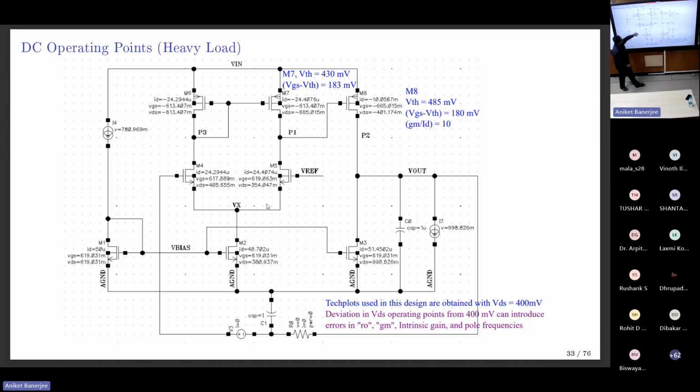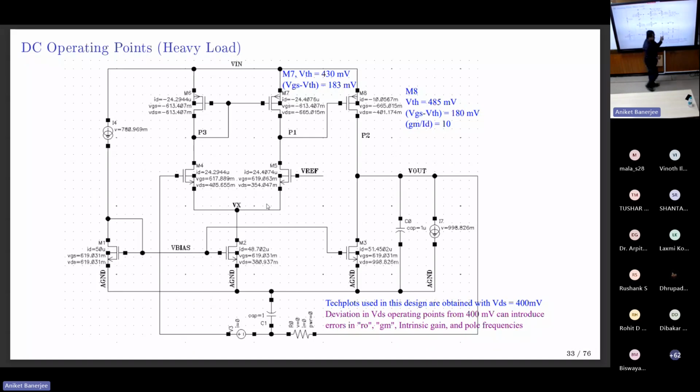For the NMOS pair also, VDS is 400 millivolt with VGS 670. This VTH is slightly different, so you will get around 180 millivolt overdrive voltage. All these are in saturation, around overdrive voltages of 180 millivolts.